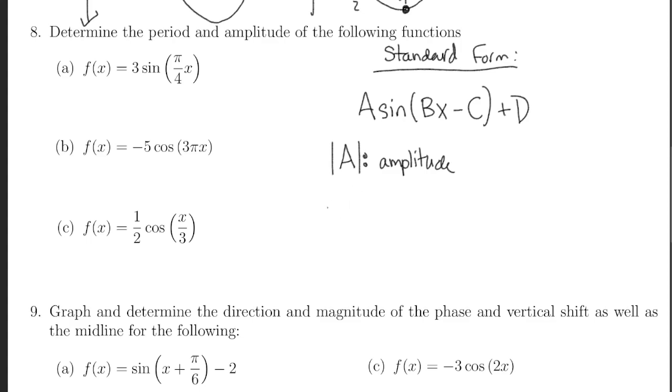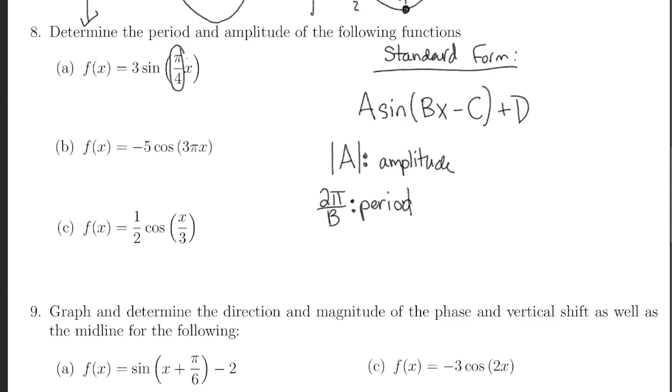So I'm going to write down the rest of these definitions and then we'll talk about what they mean. 2 pi divided by b is called the period. I cannot stress enough that b is not called the period. Only 2 pi divided by b gives you the period. So for example here, pi over 4, I would actually call this the frequency, though that's not a vocab word you need to know for this class.